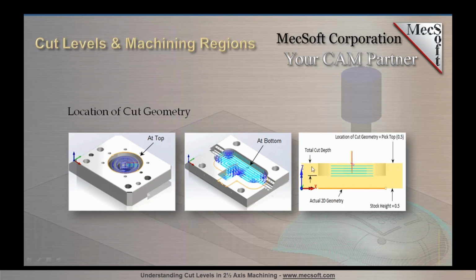You might want to say, I want to start 1/2 inch above and cut down to a certain depth of cut. In this case, we have an option called pick top, which allows you to say my top is at 0.5 in the Z, and then I'm going to specify a depth of cut. That way you select the geometry actually at the bottom, but you specify the pick top and a depth of cut. And these concepts will also become a little bit more clear as we go through some examples.